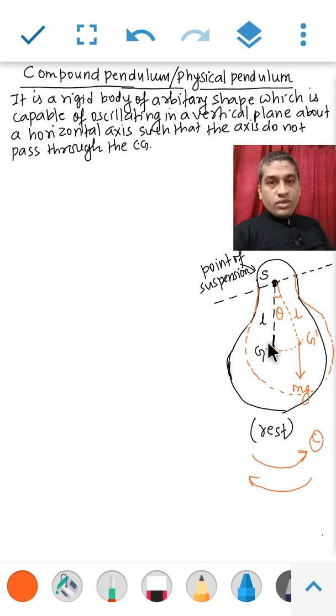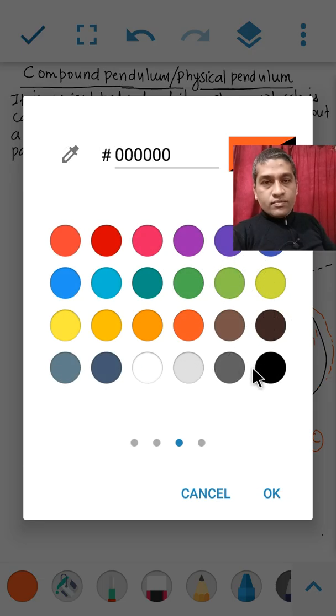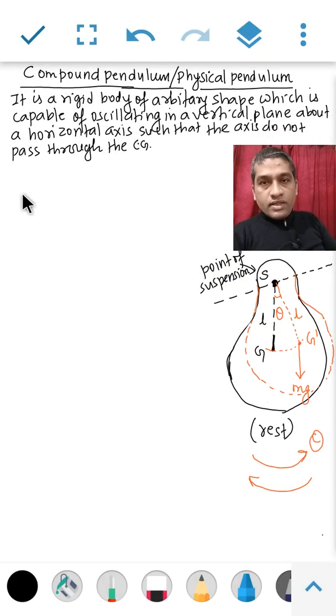So in order to find the restoring torque, let me erase this figure. Or let me draw this figure here. This is the horizontal axis, this is a vertical line. So we have G. This is point S. Okay, so I'm drawing the displaced figure.